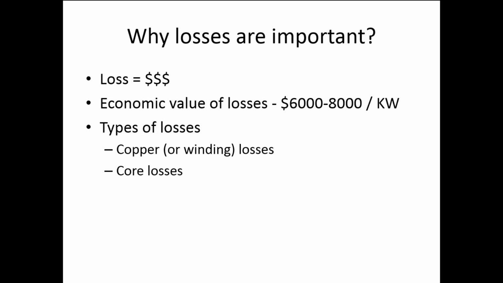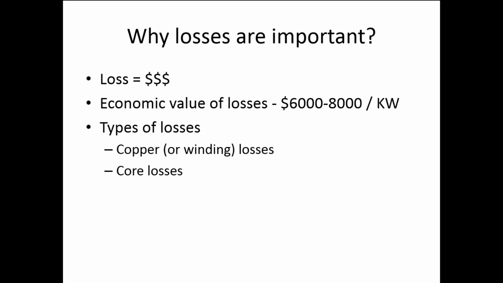But engineers have also, through their experience, quantified this loss, and according to industry standards, the loss is about $6,000 to $8,000 for every kilowatt of core loss that you experience.